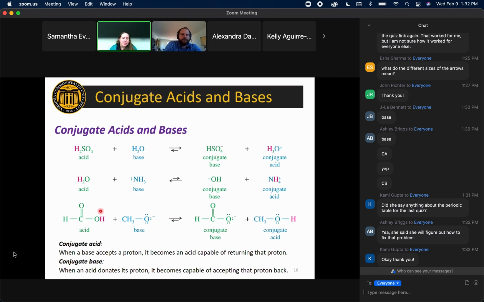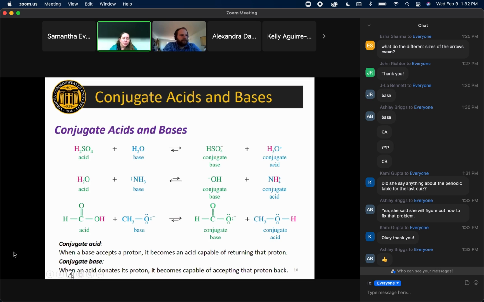You should be able to look at this little OH, and even though it's not drawn out, you should be able to visualize in your head what it looks like, where you see this sigma bond written out and all the lone pairs on the oxygen.